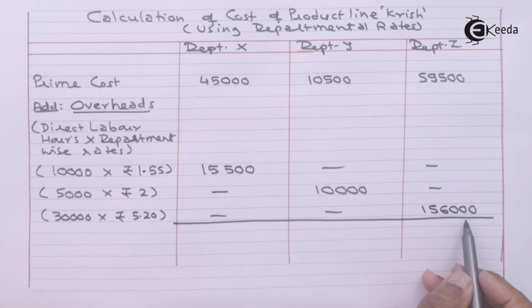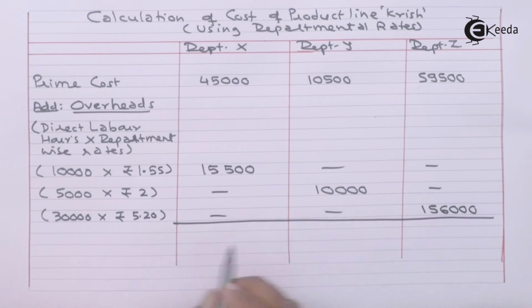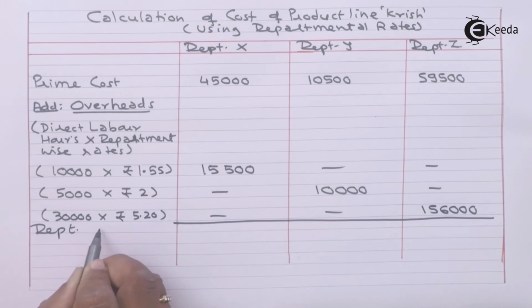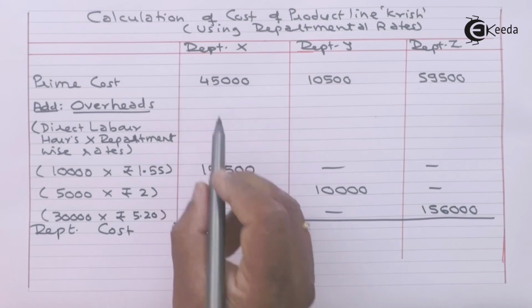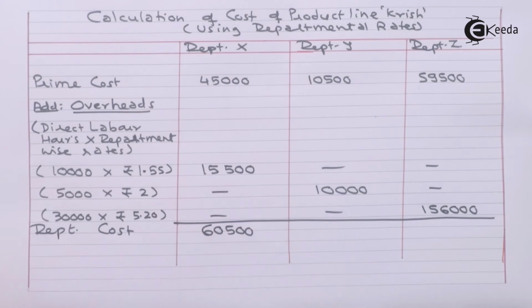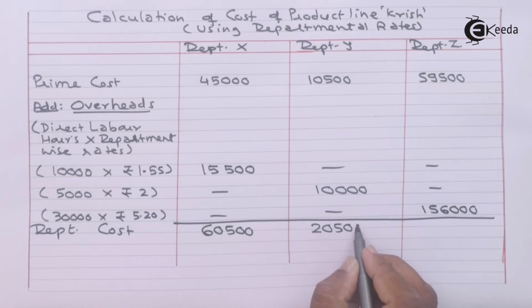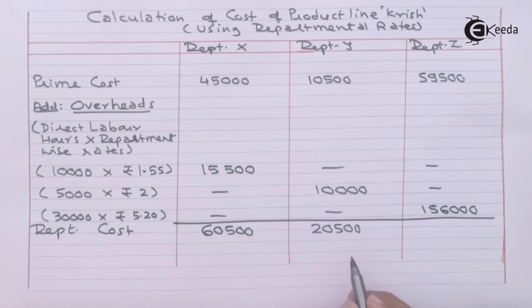Now we'll be calculating departmental cost. In case of department X, 60,500. Department Y, 20,500. Department Z, 2,15,500.